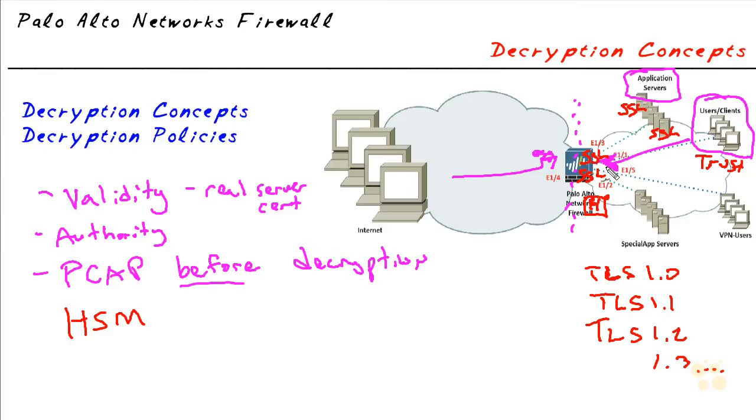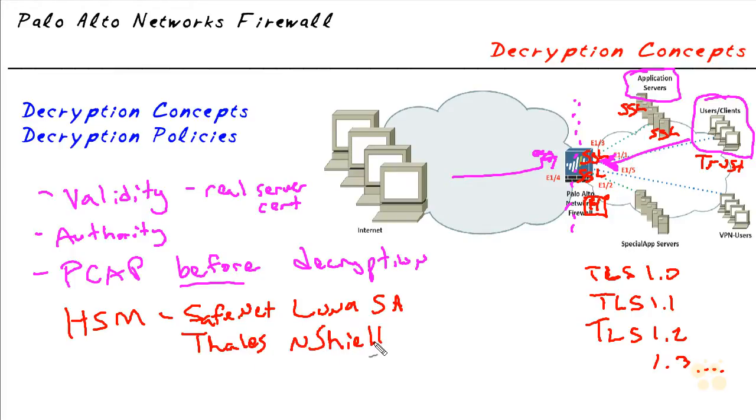But the hardware security module is a separate piece of equipment that will manage, store, and generate digital keys, and possibly offload information as well. There are 2 supported units right now: the SafeNet Luna SA, and one from Thales, which is called the nShield Connect, I think is what it is.